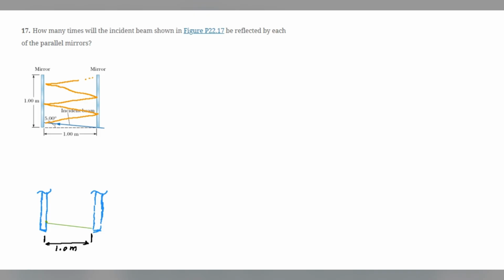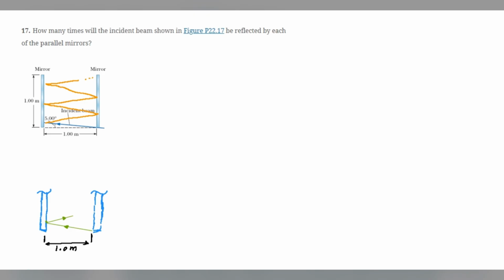So you have this line here, which is the incident ray, and I have again the line here for when it's reflected. So this is the incident ray, and this is where the reflection occurs.